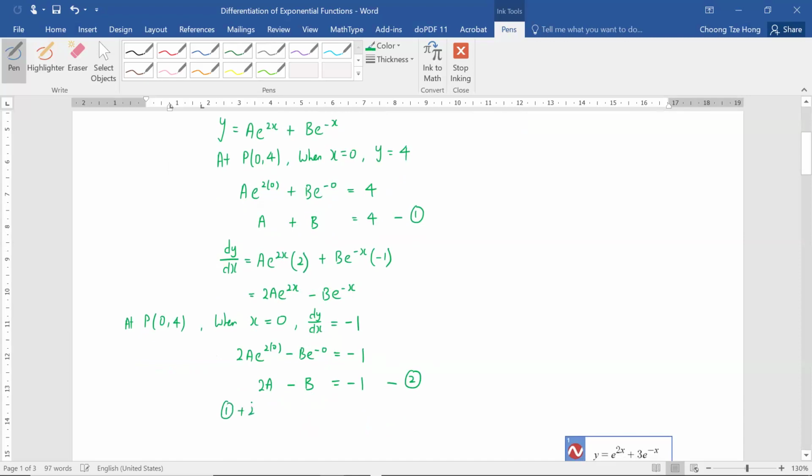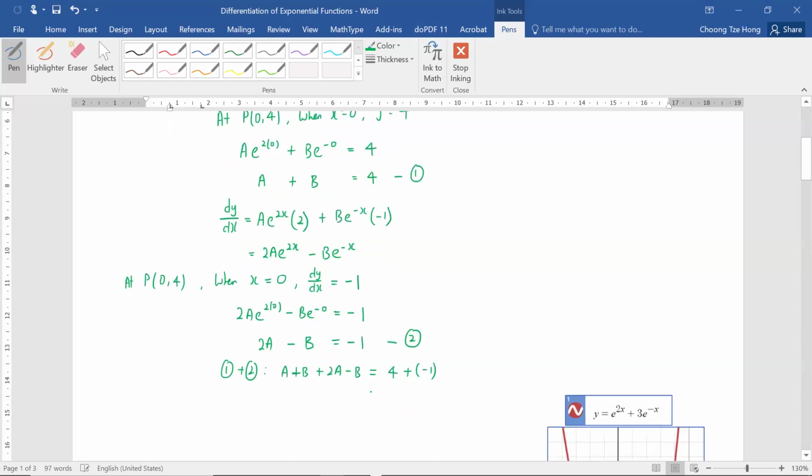So 1 plus 2. Left side plus left side: a plus b plus 2a minus b. Right side plus right side: 4 plus -1. So this will give us 3a equals 3. So a will be equal to 1.